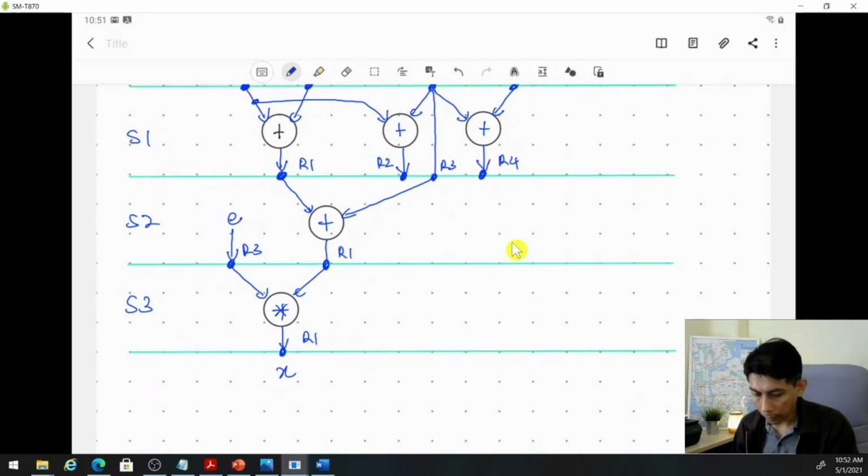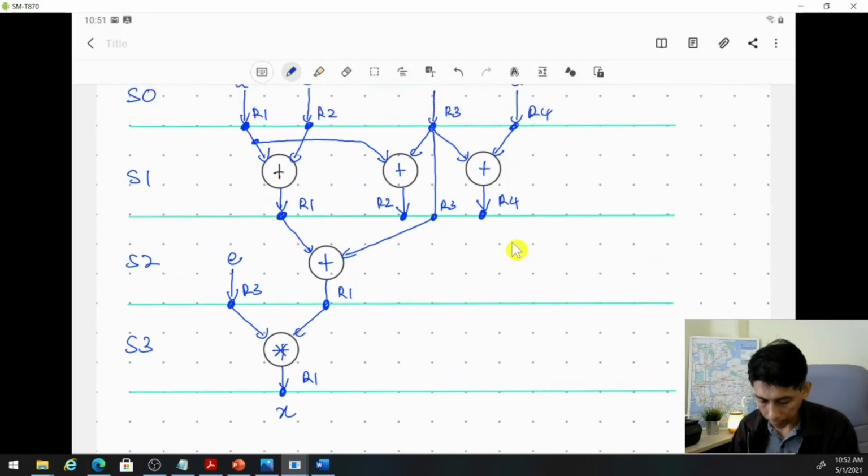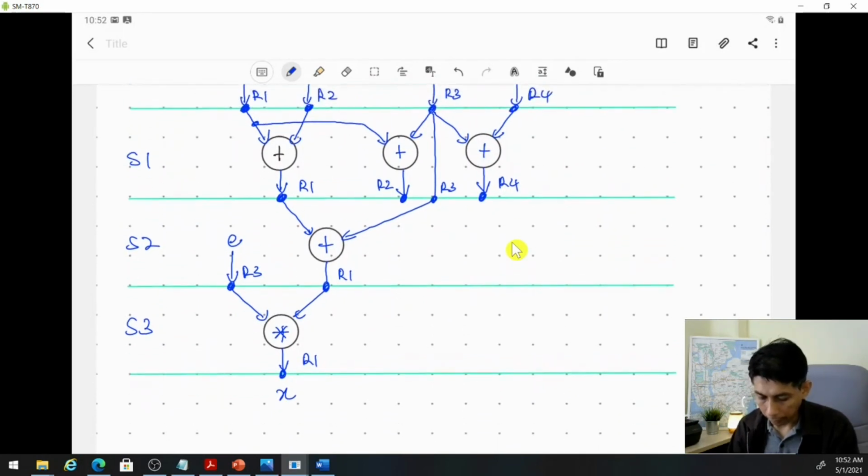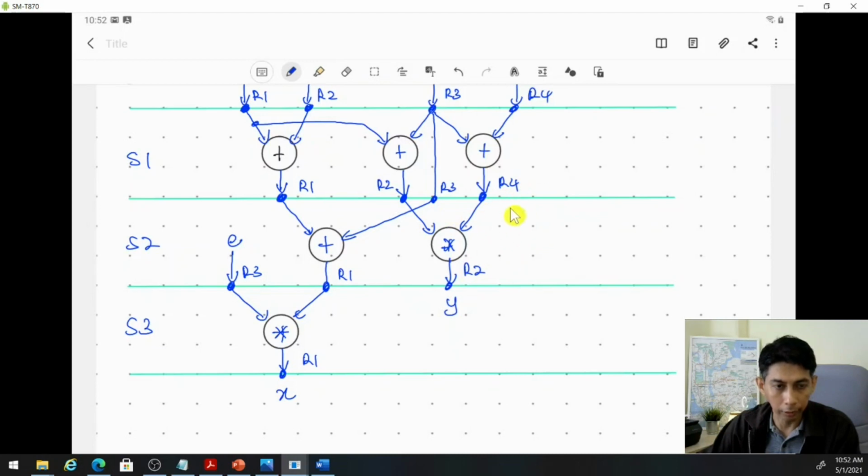So we have X in this case, and for this one, this multiplied by this, we have Y here, and we can use R2 because R2 is available now, or you can use R4 as well. Either one. In this case, I use R2.